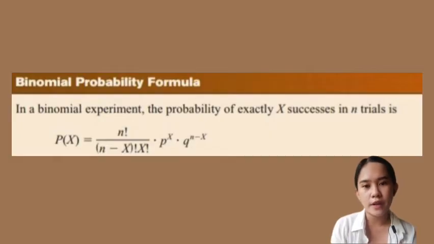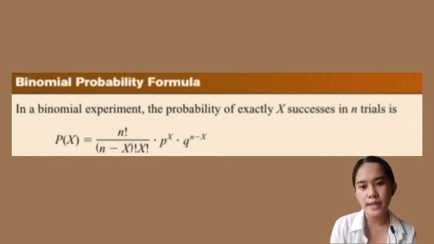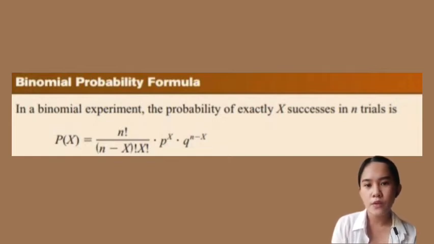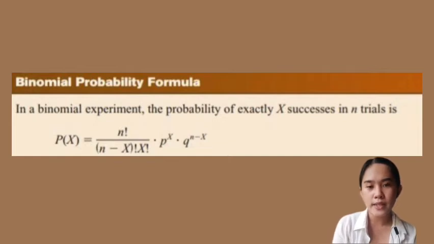Binomial probability formula: in a binomial experiment, the probability of exactly X successes in n trials is P(X) equals n factorial divided by (n minus X) factorial times X factorial, multiplied by p to the power of X, multiplied by q to the power of n minus X.